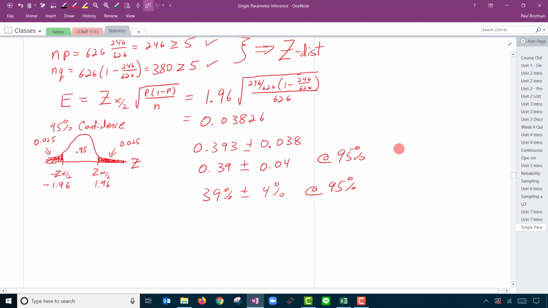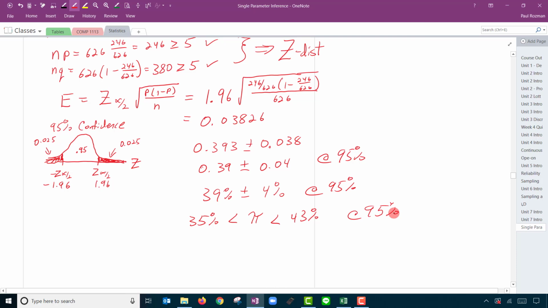Or maybe you'd like to write it as an interval: 35% is less than pi is less than 43%. It's weird to keep writing percent, and then say at 95% confidence.